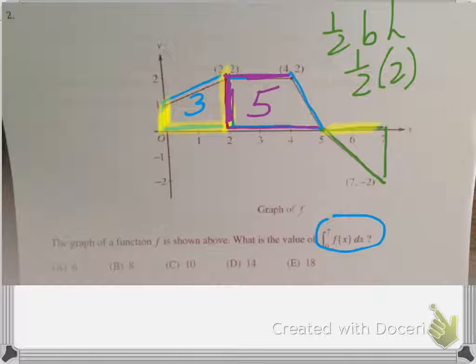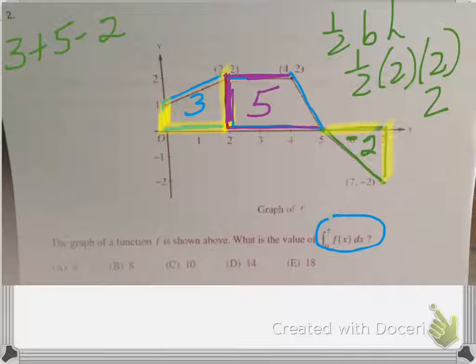And my height is right here. That's also equal to 2. So you have half of 4, which equals 2. But you have to remember that this 2 is located below the x-axis, so it's really a negative. So we have a 3, a 5, and a negative 2. That gives me 8 minus 2, which is 6, and that was choice A.